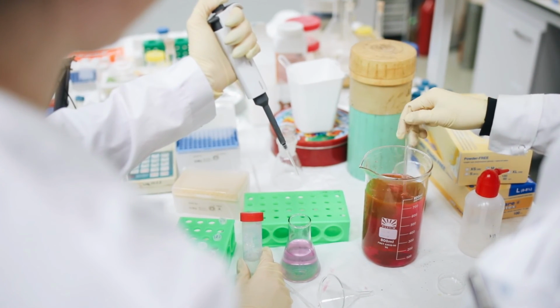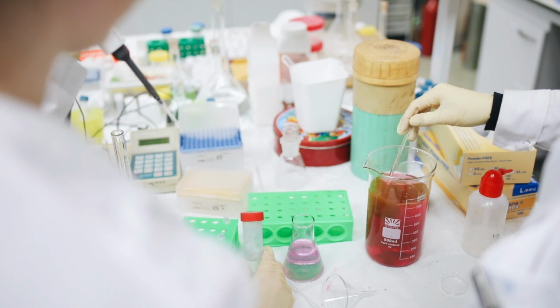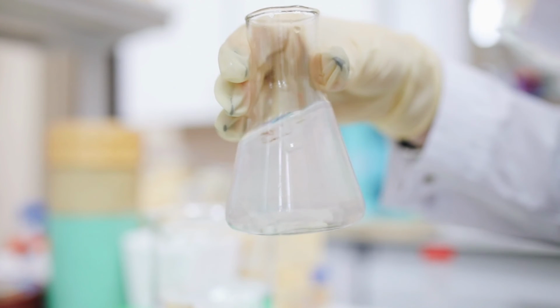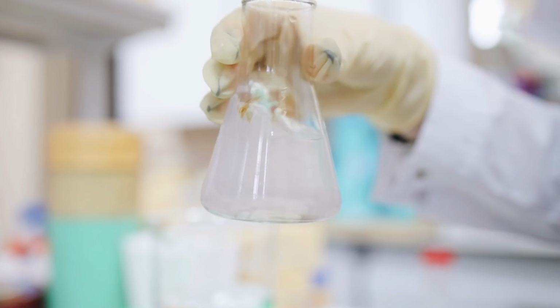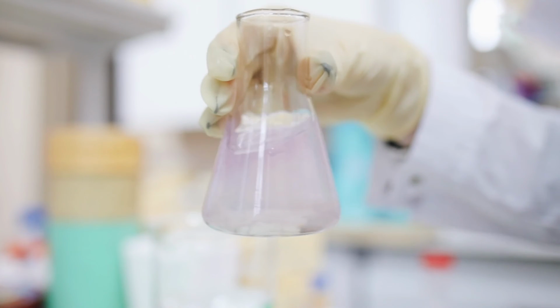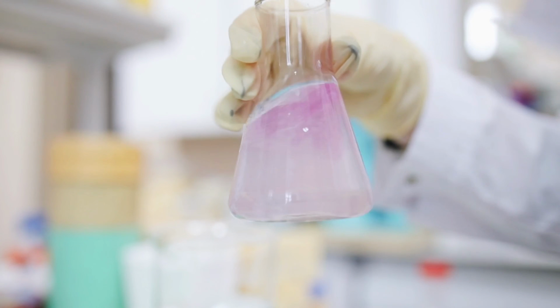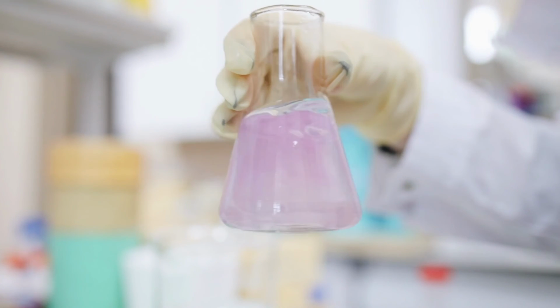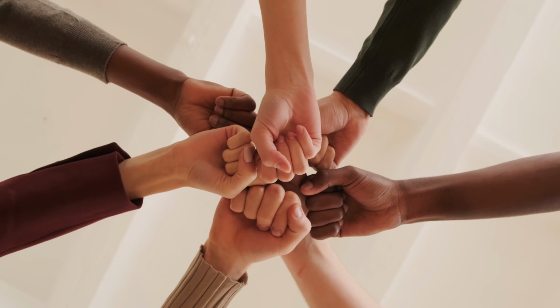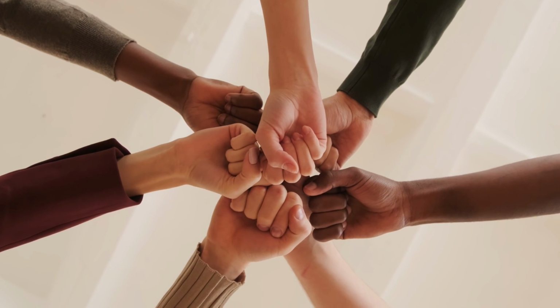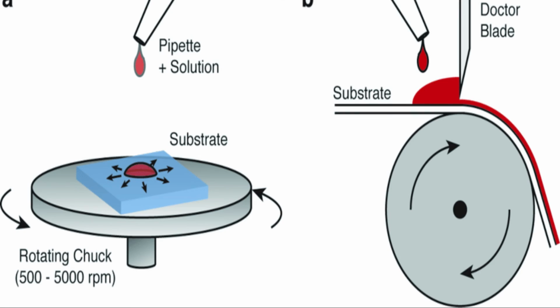Then the temperature, the surroundings, whether you are going to use a vacuum chamber or not, the type of the substrate, the nature of the substrate, the quality of the substrate, as well as the chemicals which are used in the precursor material. Each and every factor is going to be responsible for the property of the thin film which you deposit. It is not just with the spin coating methodology but with any of them.